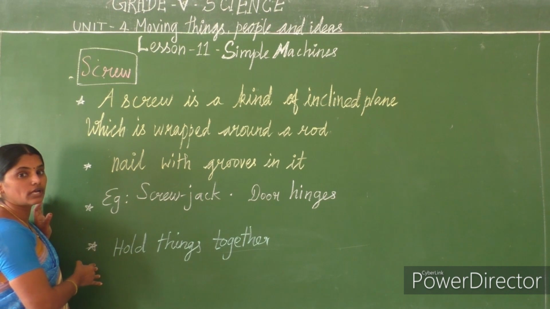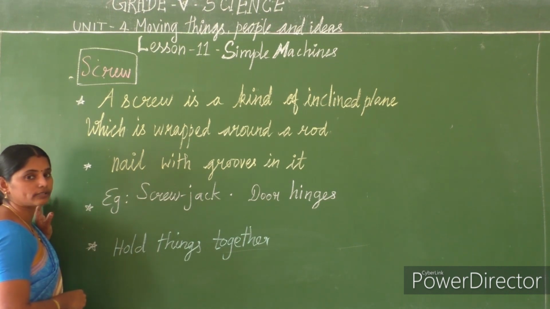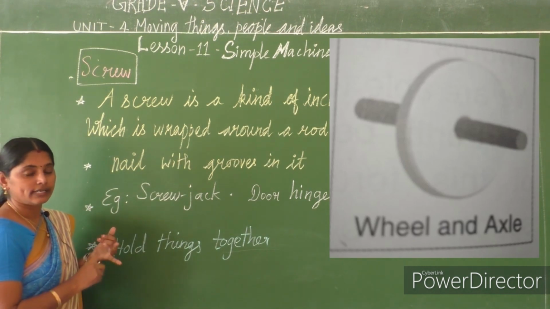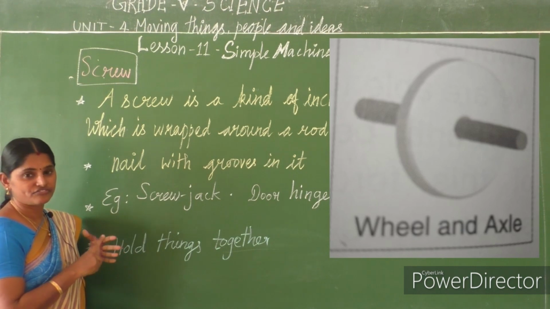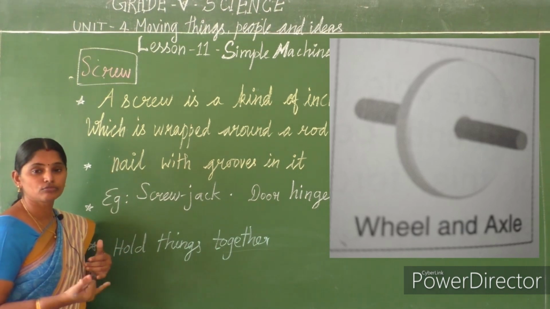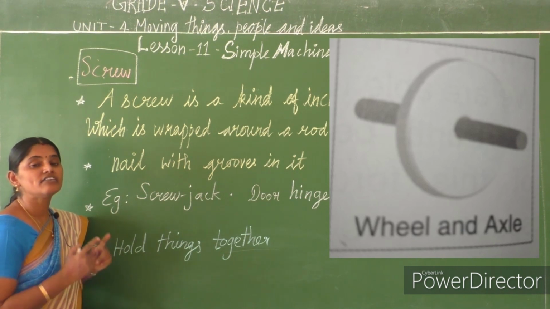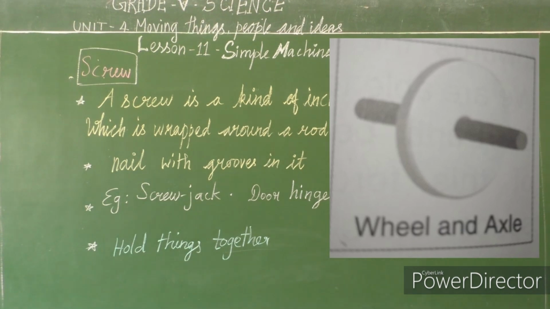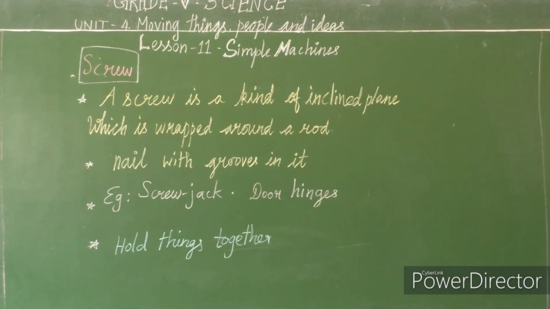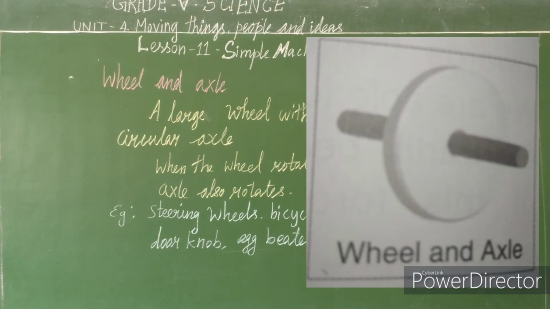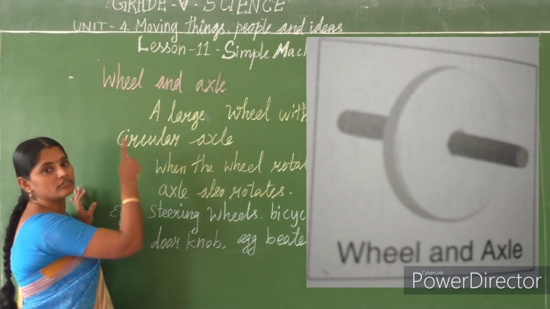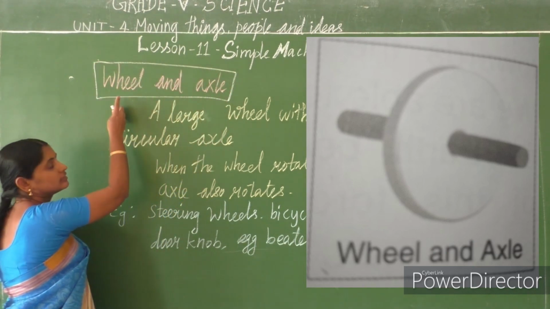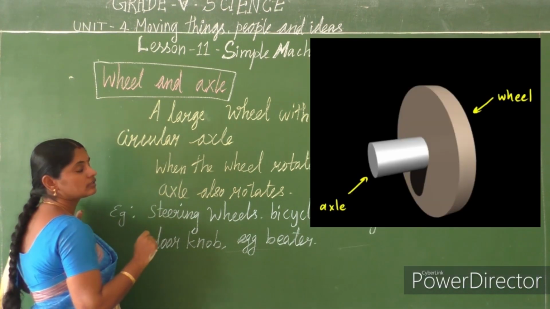Now we'll move to the last simple machine. What? Wheel and axle. So lever, inclined plane, pulley, wedge, screw. Now we'll move to the sixth one: wheel and axle.